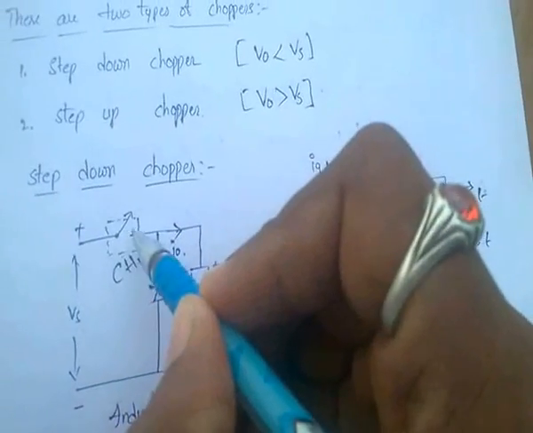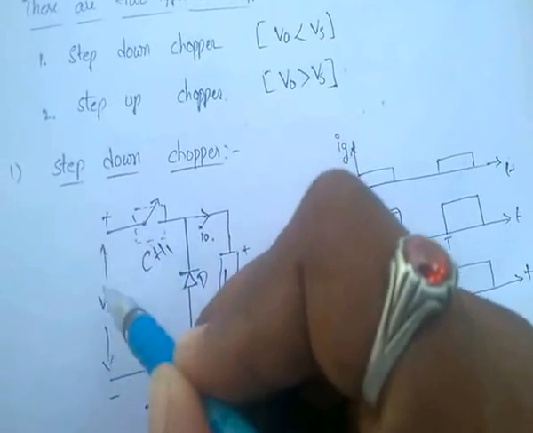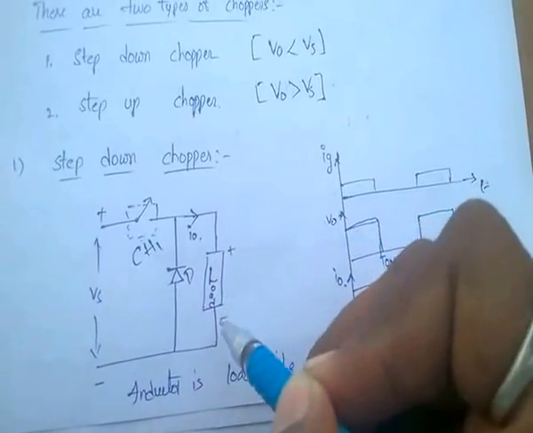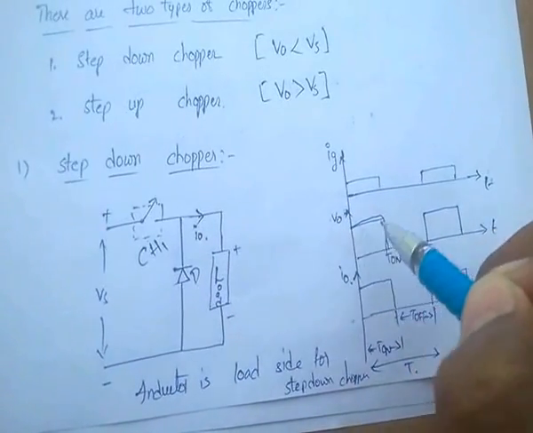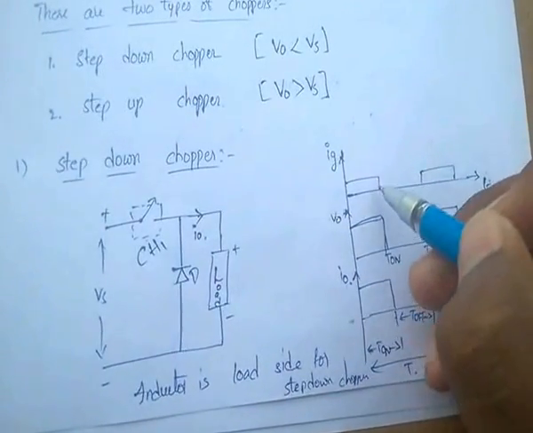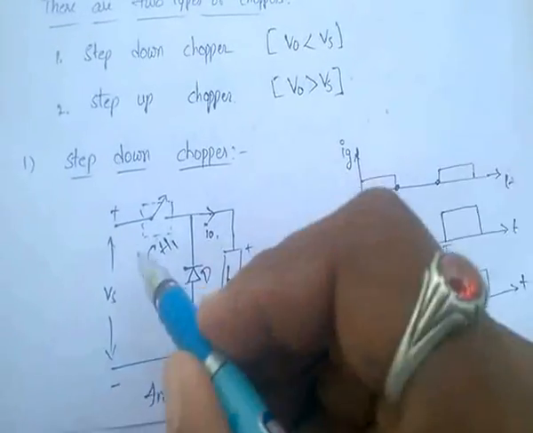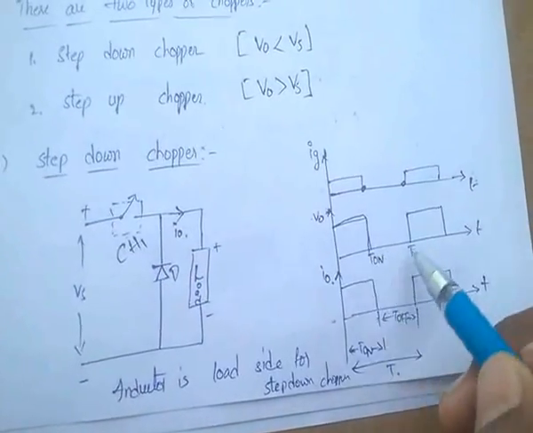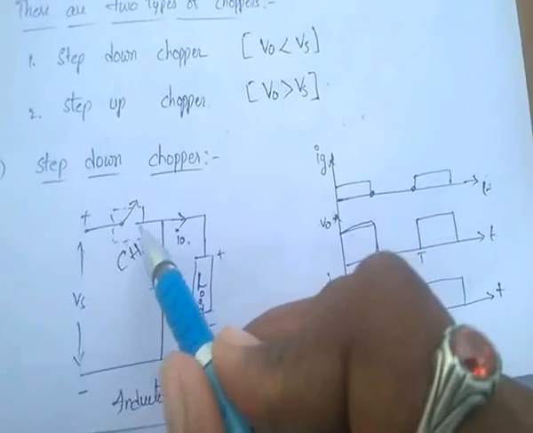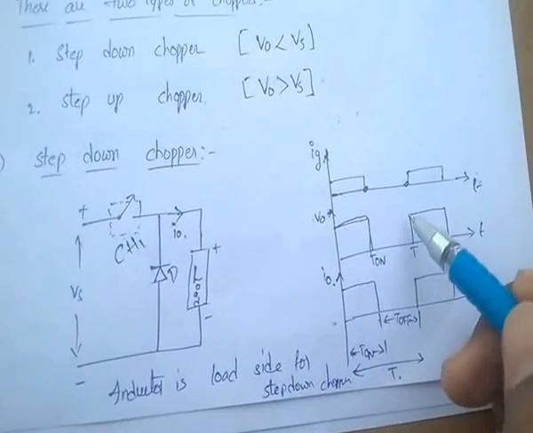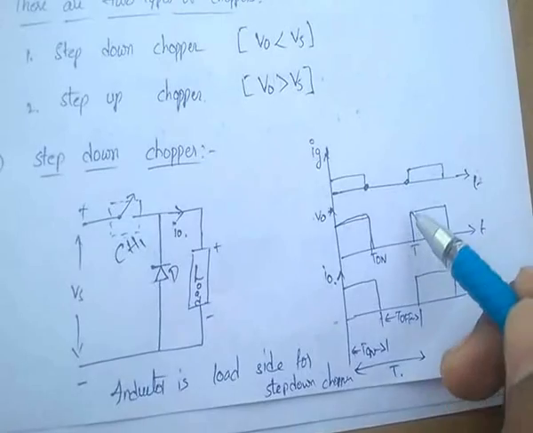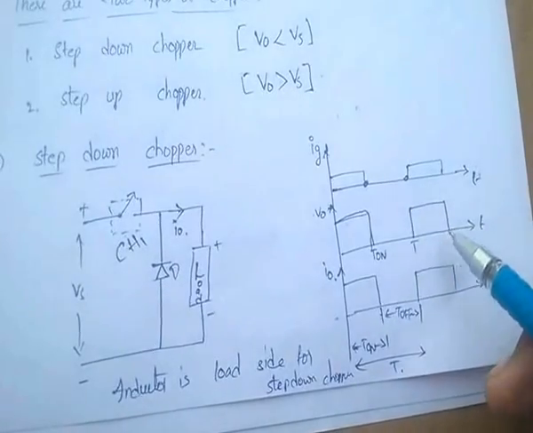That means whenever the switch closes, the supply voltage goes from here to here, that is the output. So output is same as input. When the switch is in off condition, the output is 0, and whenever the switch closes, the output is equal to the supply voltage.